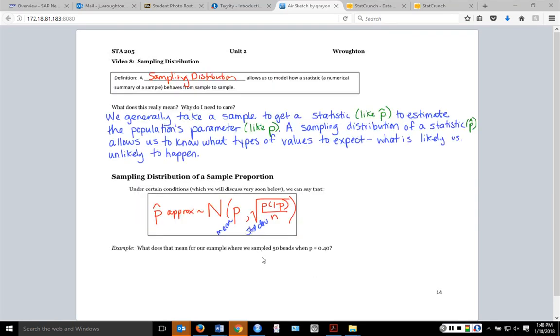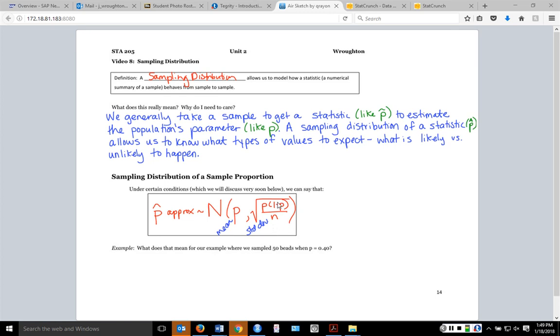And we see that here as well, with n being in the denominator of our square root. As this number on the bottom gets bigger, this whole thing is going to get smaller. So we're seeing those ideas that the mean was unaffected, and it makes sense that if 40% of all of the beads are black, the thing I'm going to pull off most often is going to be 40% black beads as well. Standard deviation, it's not as obvious where the formula comes from.